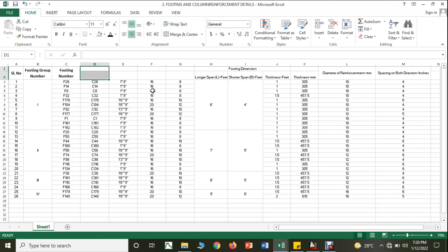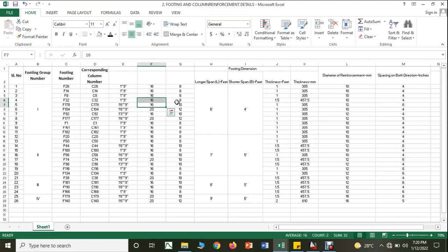Then this is the corresponding column number, I can write. Corresponding column number. Okay, so then I can give the footing dimensions.